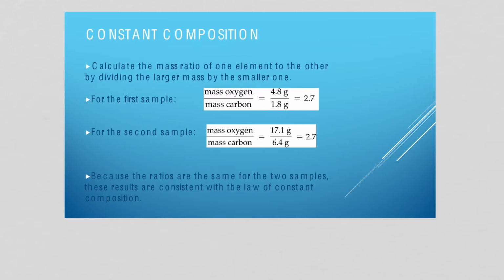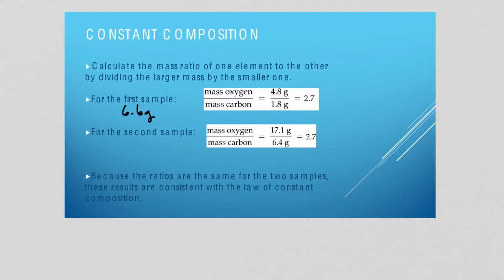For example, if we take one sample that is 6.6 grams, and we break it down, we get 4.8 grams of oxygen and 1.8 grams of carbon.